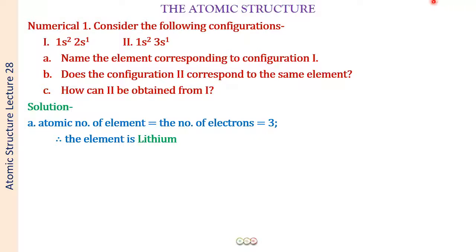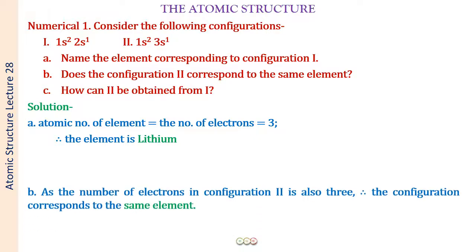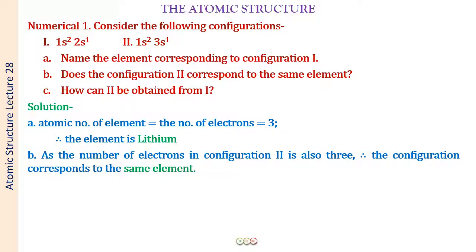Now, the second part of the question says that does configuration 2 correspond to the same element? Well, the configuration is 1s2, 3s1. So again here the number of electrons is 3. So this means that as the number of electrons is 3, the configuration is going to correspond to the same element lithium. And how have we got this configuration?